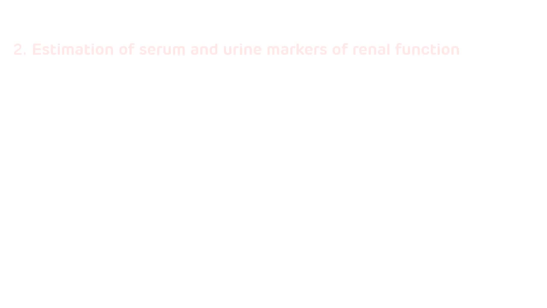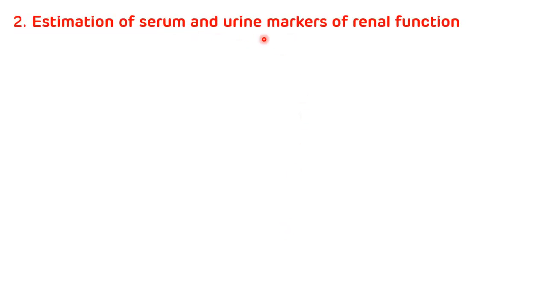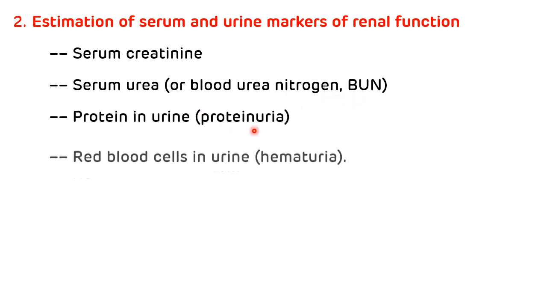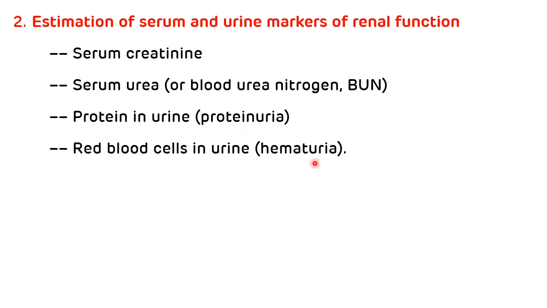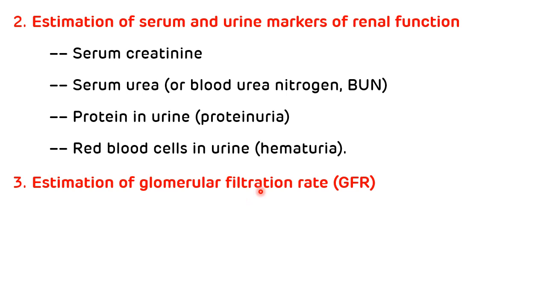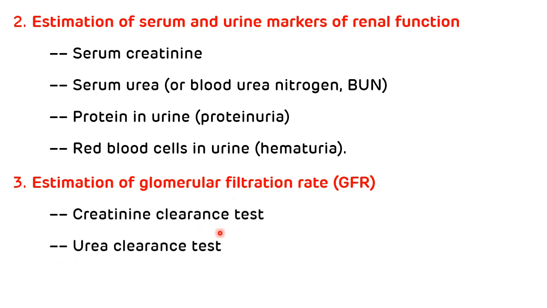Second category is estimation of serum and urine markers of renal function, which includes serum creatinine estimation, estimation of serum urea or blood urea nitrogen, protein in urine, that is proteinuria, and red blood cells in urine, that is hematuria. Third category is estimation of GFR.